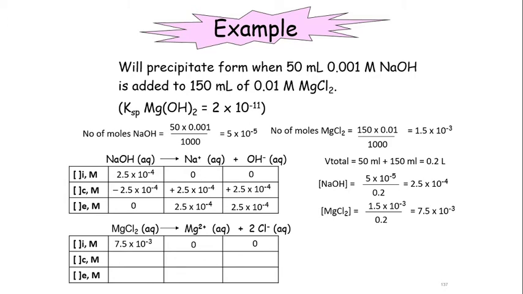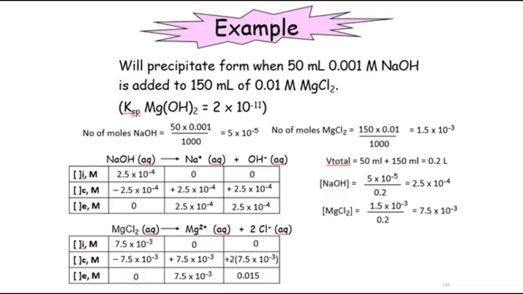Since it fully dissociates, the change will be minus 7.5 times 10 to the power of negative 3 for MgCl2, plus 7.5 times 10 to the power of negative 3 for Mg2+, while for Cl-, since we have 2 Cl-, the change will be 7.5 times 10 to the power of negative 3 times 2.